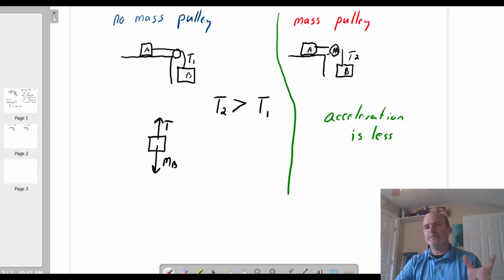You can think, if this took a lot of energy to spin this pulley, well, the total acceleration is going to be less. Okay, so let's think about that.